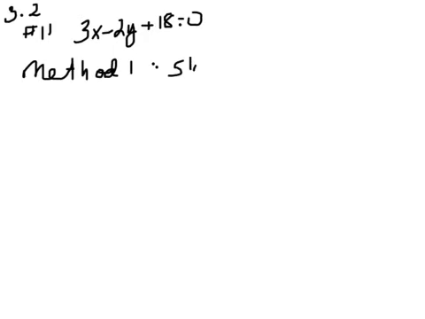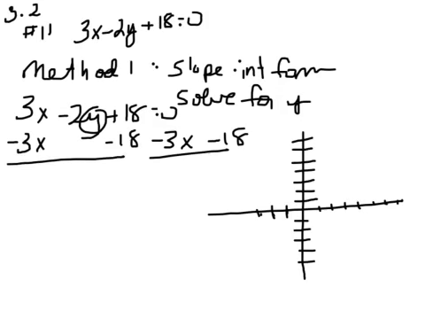I'll subtract 3x from both sides, and I'm also going to subtract the 18. I'm moving all the terms to the other side except for the y term since I'm solving for y. That would cancel out, that would cancel out. I would have negative 2y equals negative 3x minus 18. And now if I want to get y by itself, I would divide everything by negative 2.